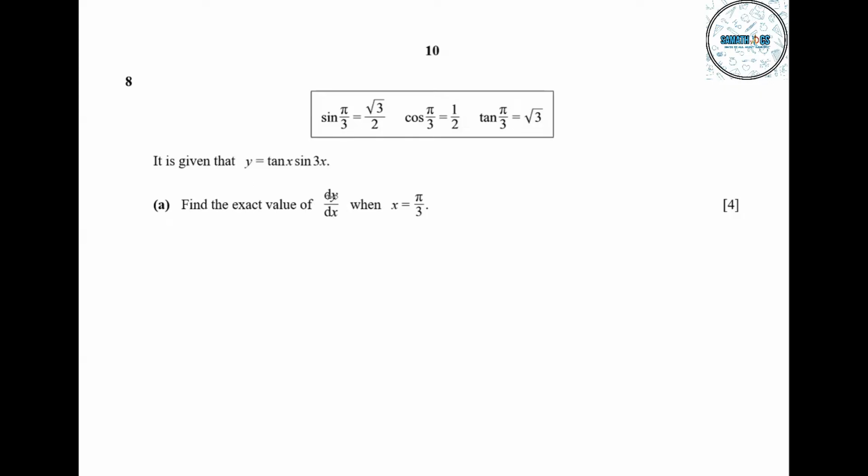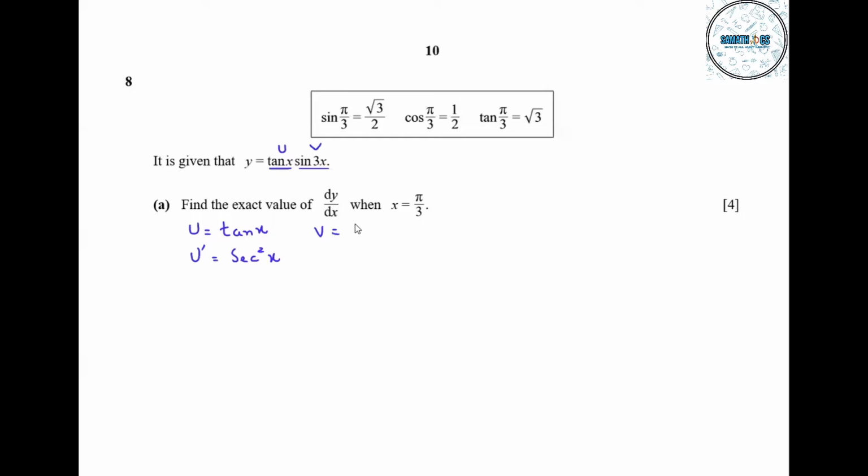So if we have to find out dy upon dx, we know that tan x is multiplying by sine 3x. So we can use here the product rule of differentiation. And according to that, we have to take this as u and this as v. So u is equal to tan x and u dash is sec square x.